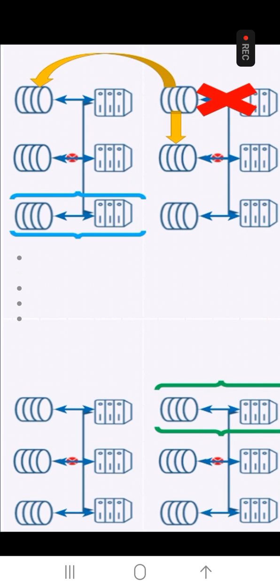Each node is responsible for storing the data on its disk. Correct. So if a node wants to refer to data from a different node, that is where the problems start coming up.